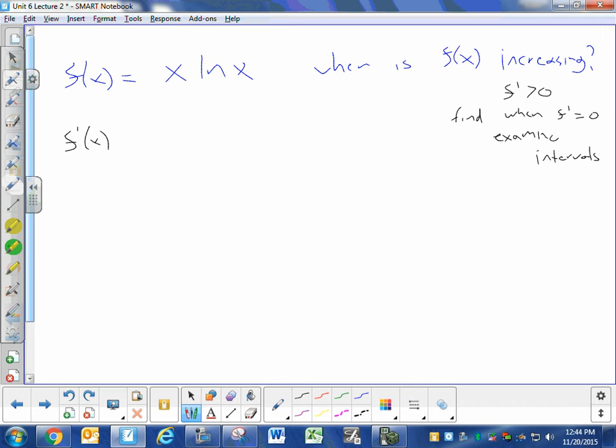Okay, I need to find when f is increasing. That's when f prime is positive. How do you find when something's positive? Start by setting the derivative equal to 0, then examine your signs around that.